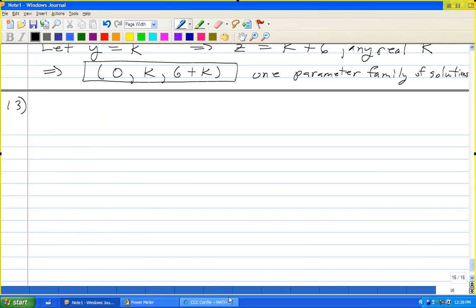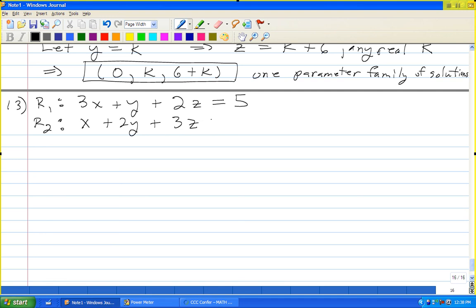Okay. 13. 3x + y + 2z = 5, x + 2y + 3z = 4, and 2x - y - z = 3.